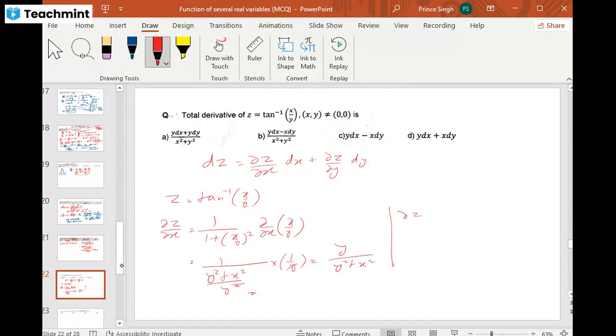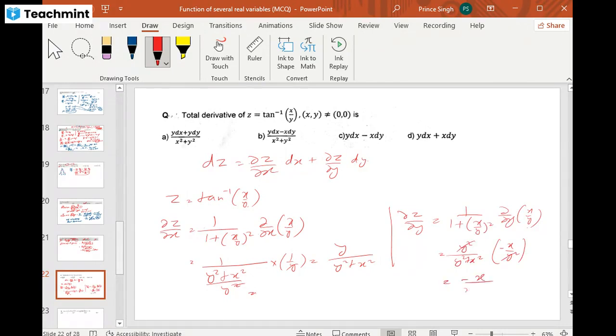And similarly, if I differentiate with respect to y, derivative of tan inverse is again 1 plus x upon y whole square into curly y of x upon y. So this is y square upon y square plus x square on taking LCM, and here it is minus x upon y square. So y square gets cancelled out.